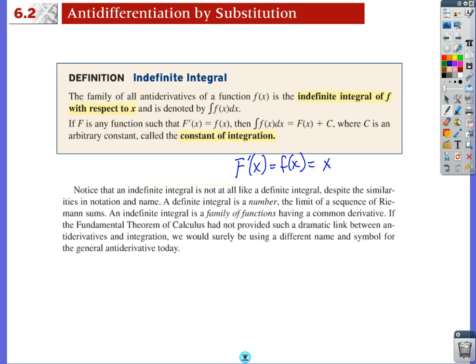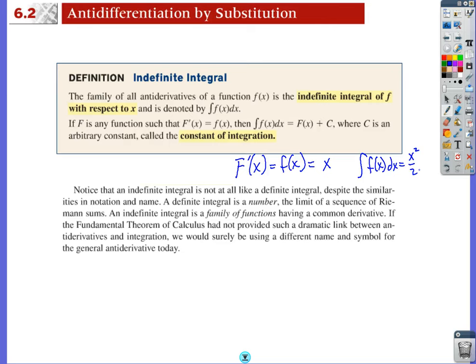All right, and then I want to say the integral of f of x dx. Well, what function, when I take the derivative, gives me x? Well, that's going to be x squared over 2. And hopefully when you take the derivative, you can see that yes, that's going to give me just x as a derivative.